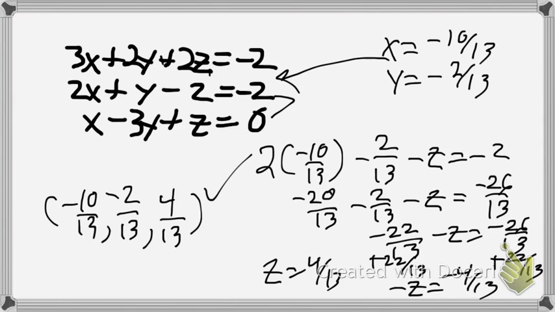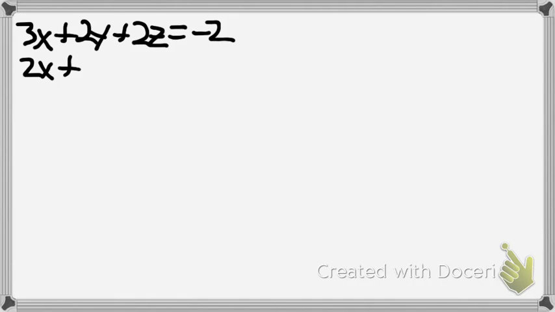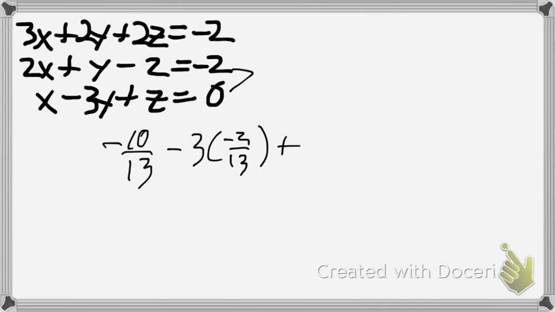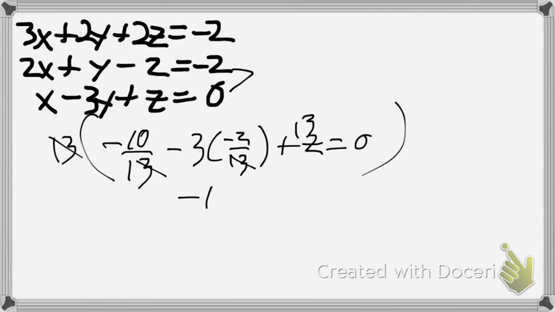Or what I can do, once I have that set up right there, is multiply everything by 13. So I have negative 10 plus 6 plus 13z equals 0.